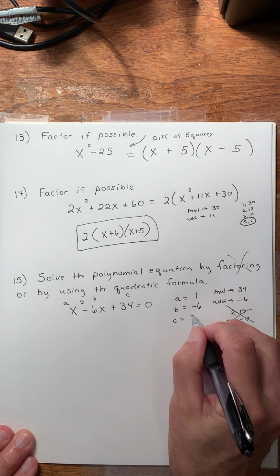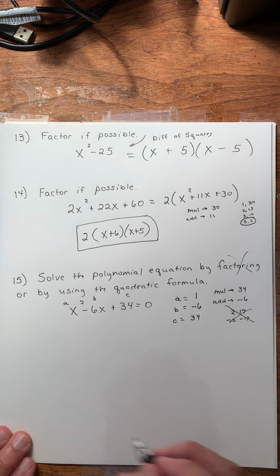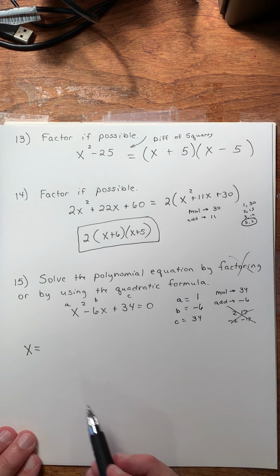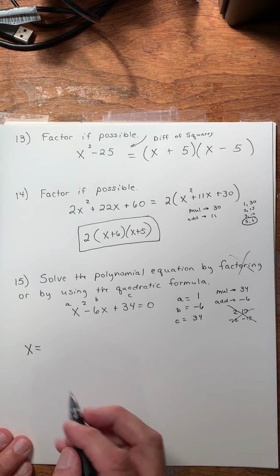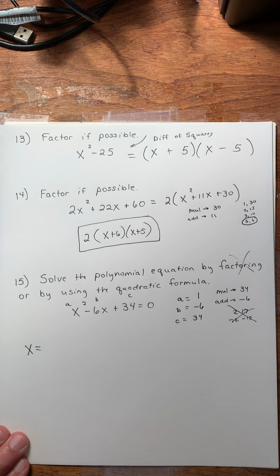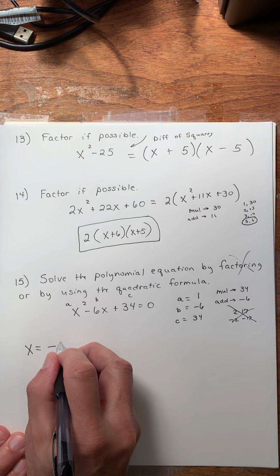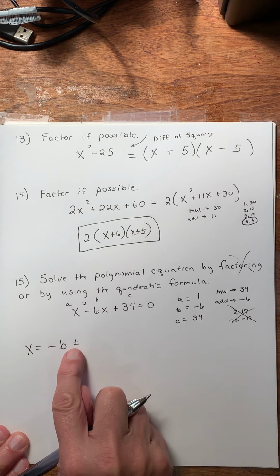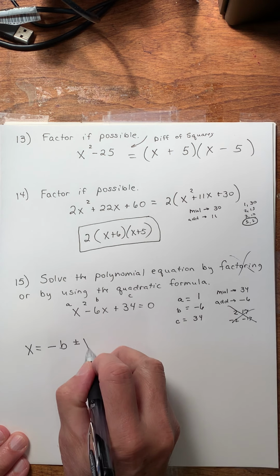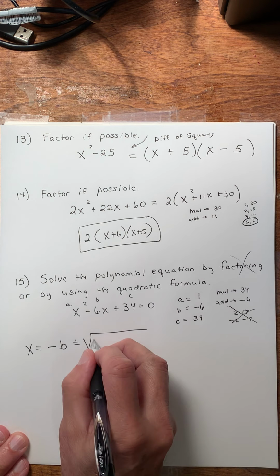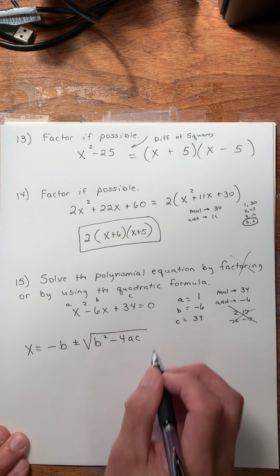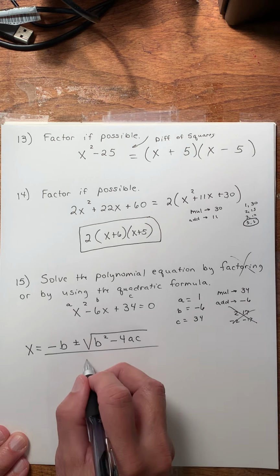And my C is 34. All right, you're going to have this handy. If you have your notes, you'll have it handy. Here it is. If you're using the quadratic formula, x is the opposite of b, the negative b, plus or minus. That's how you're going to get your two answers. The square root of b squared minus 4ac. Everything over 2a.